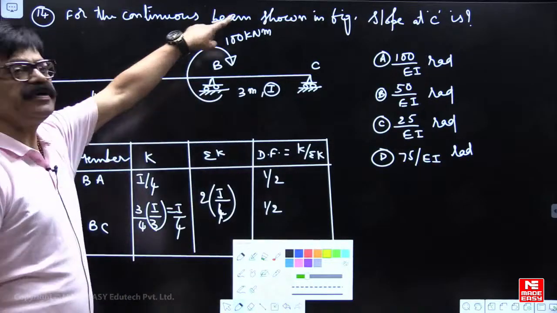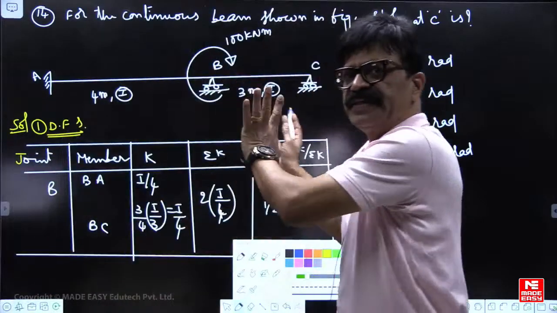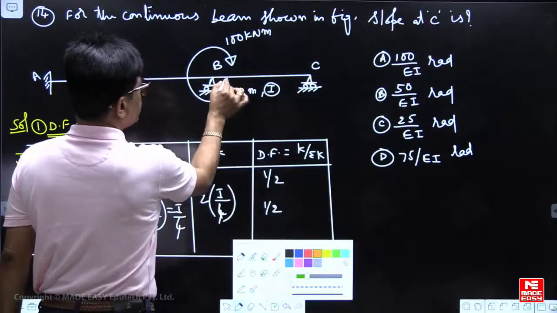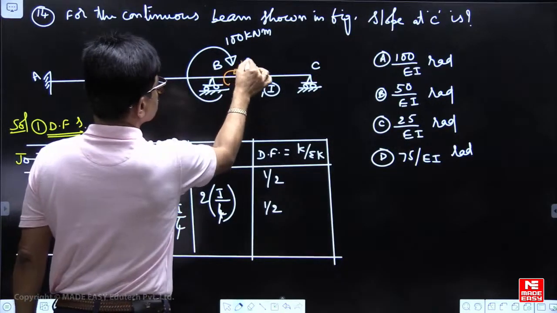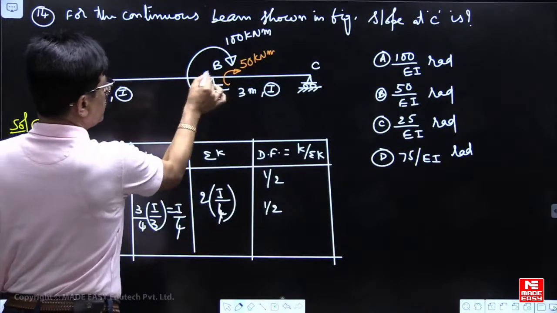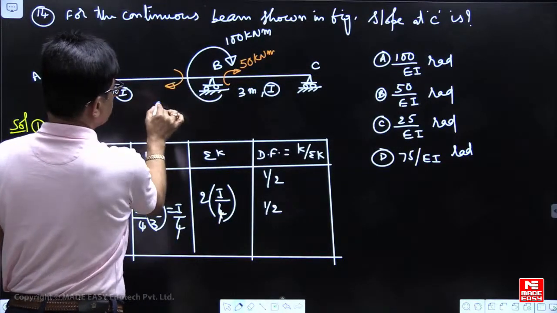So whatever moment 100 you have applied, both will share equally. This will take 50. Out of 100, this will take 50. Because of the distribution factor, clockwise, this also will take 50.